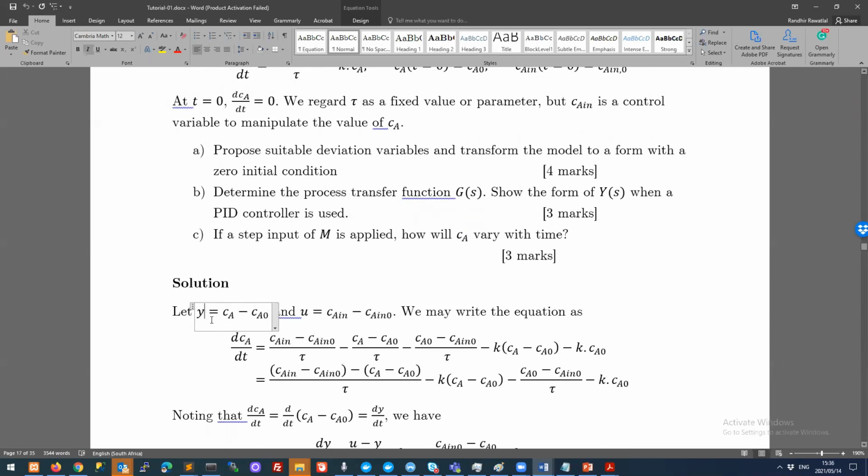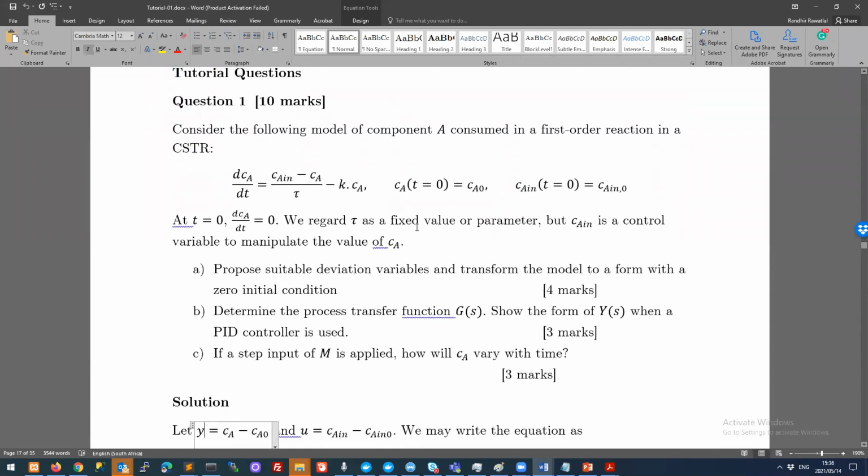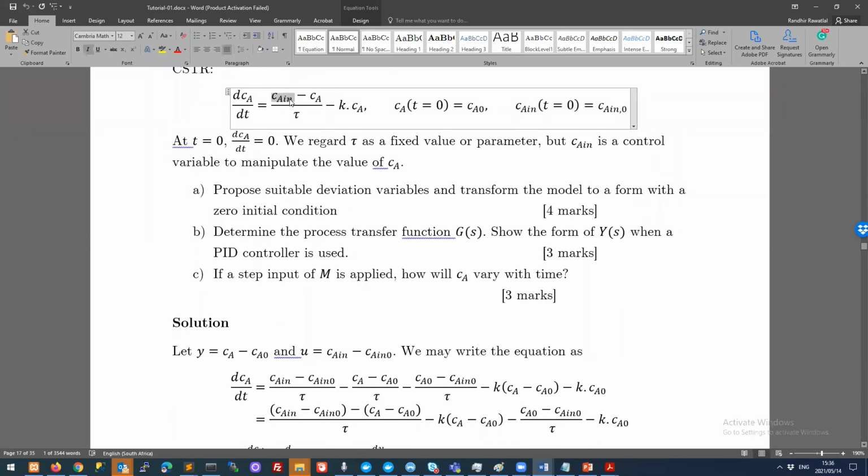So that's y, that's the deviation. And then the other variable of interest is our control. We are controlling this process through the inlet concentration. And so we have to consider that also as a deviation variable. And we know that CA in is changing generally in time. Initially, there was some value for CA in, and at that value, that initial value, we know we were at steady state.